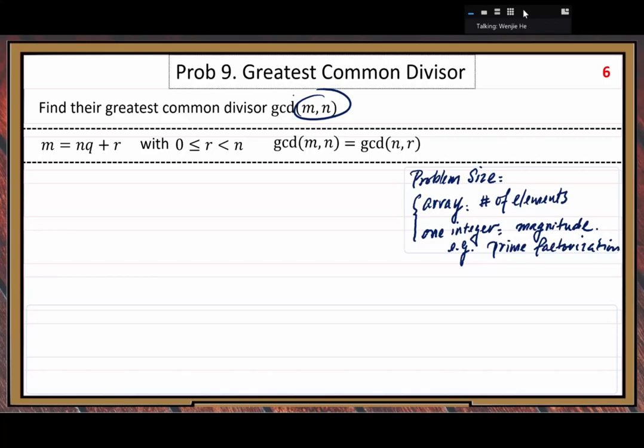So in this case, there are two numbers. Many times in our problems, for some concepts, like this situation, people may not have a clear definition of the problem size.